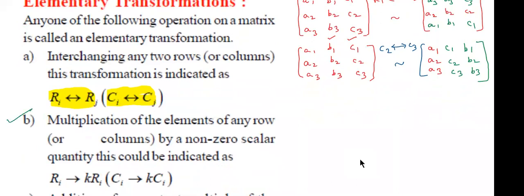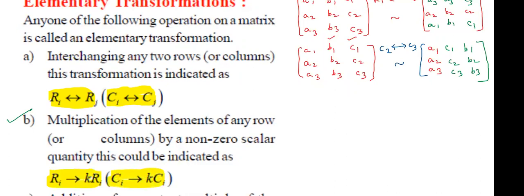Next, see the second point. This is multiplication of the elements of any row or column by a non-zero scalar. Non-zero scalar quantity. This could be indicated like this. This is the indication for rows, this is for columns. Okay.